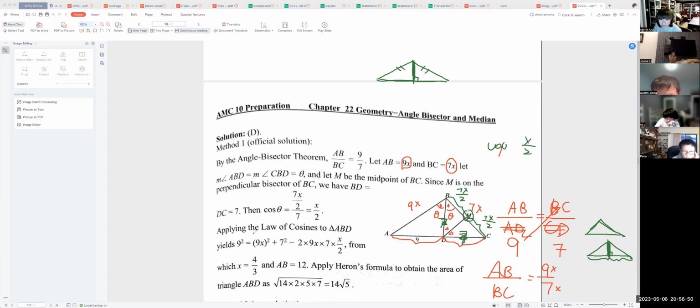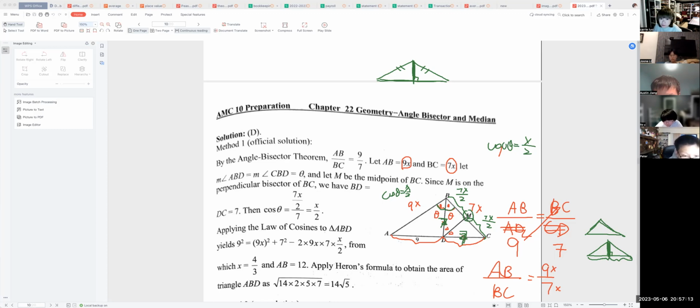Okay, so applying the law of cosines to the triangle ABD. Since cosine theta equals x over 2, this theta in triangle ABD also has cosine theta equals x over 2, because these two angles are equal to each other. Correct?